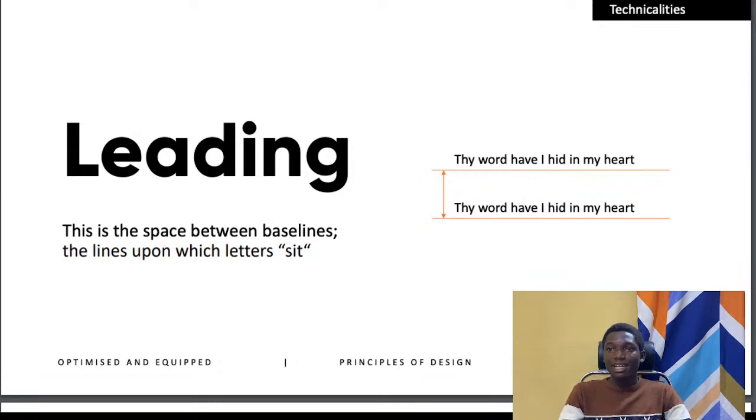This technicality means that when they are talking about leading, it is the space between the baselines, the lines upon which the text sits, from the end of the last line to the end of the next line.